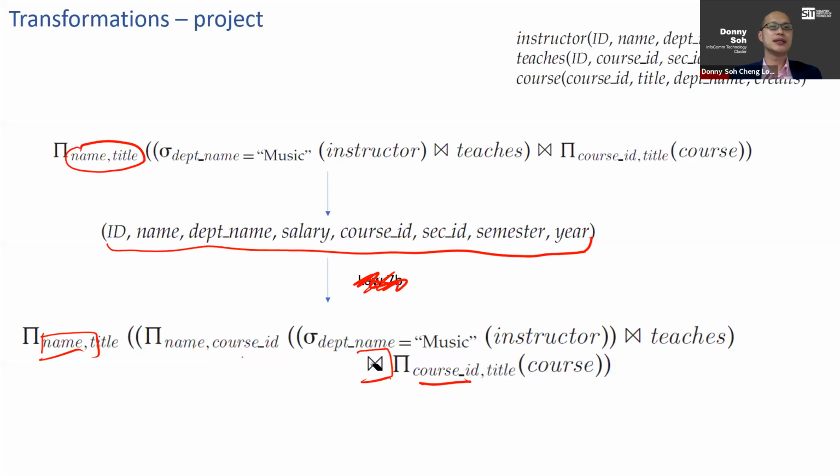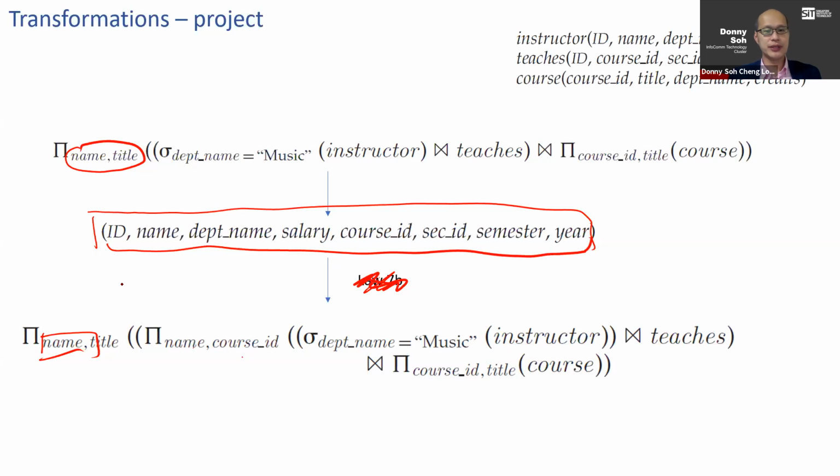So in this, what is happening is that although I'm going down this step, the number of records here, or rather the number of columns here, may still be very large. So I can do one additional step of reducing the size of this by doing a projection before doing the join.